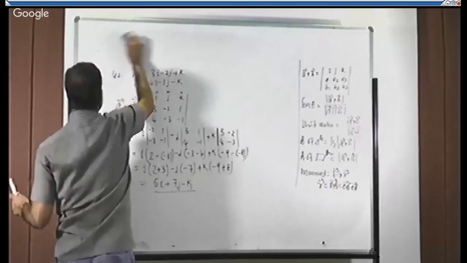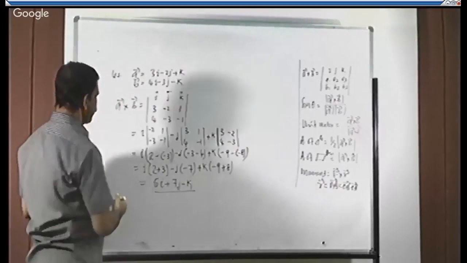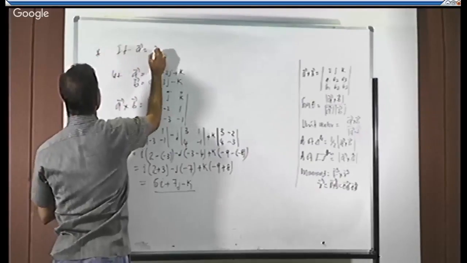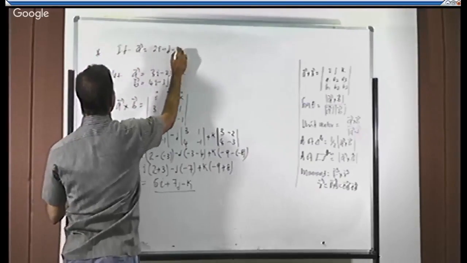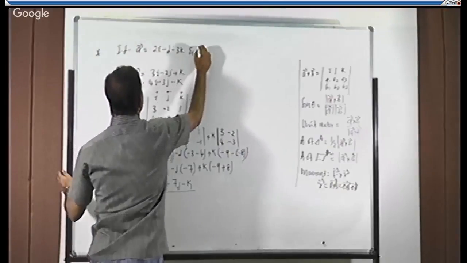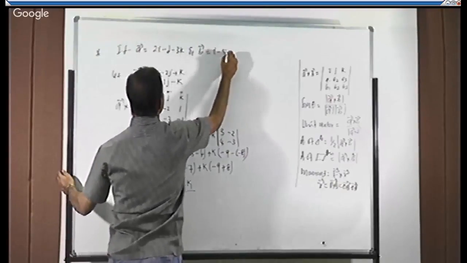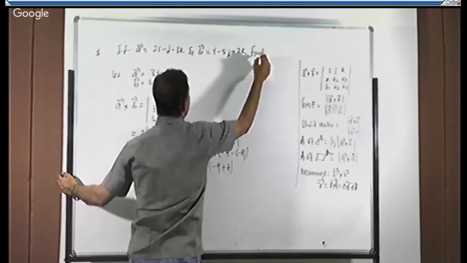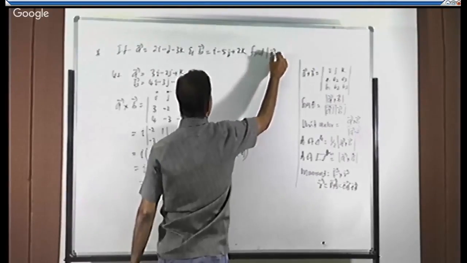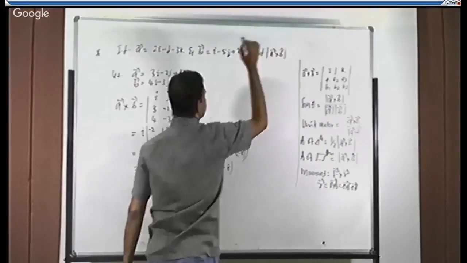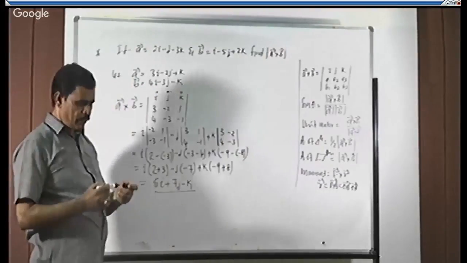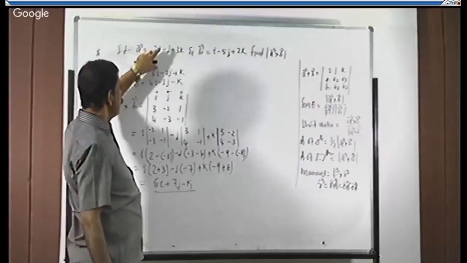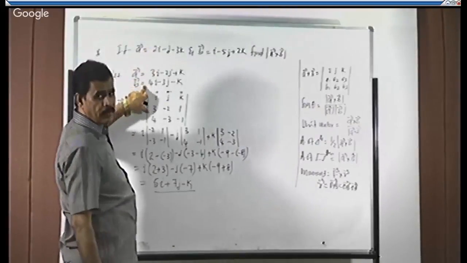Take the next problem. If A is equal to 2i minus j minus 3k and B is equal to i minus 5j plus 2k, find the magnitude of A cross B. This problem will always be similar to the previous one.